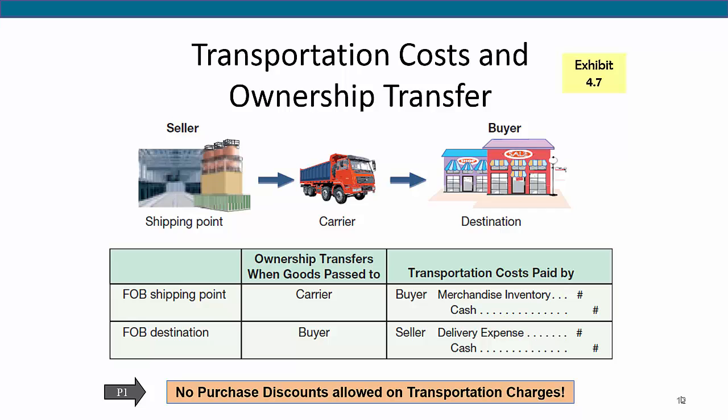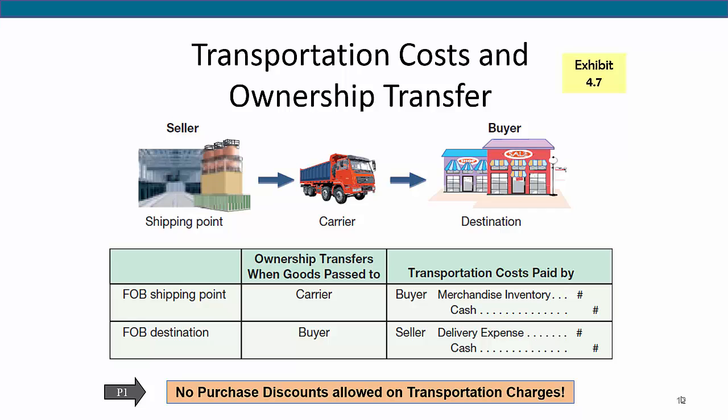So if the shipping terms are free on board, or FOB, shipping point, it means that ownership transfers from the seller to the buyer when the seller provides the goods to the company transporting the goods. That would be the carrier. It also means that the buyer will pay the transportation cost. This transportation cost will be added to the merchandise inventory account.